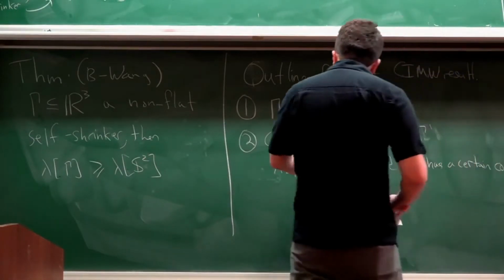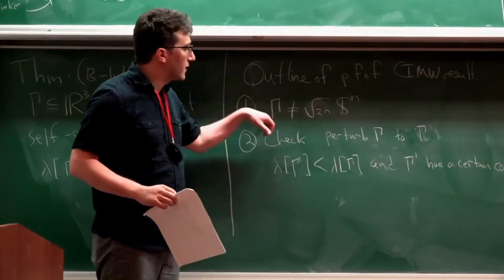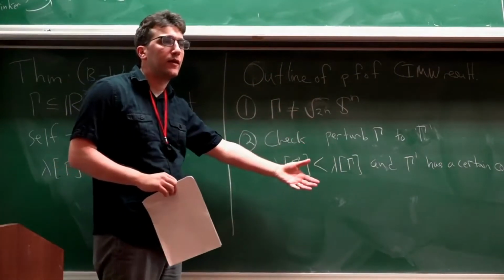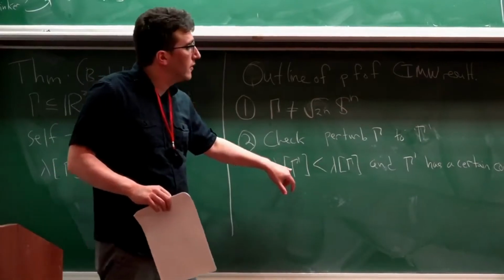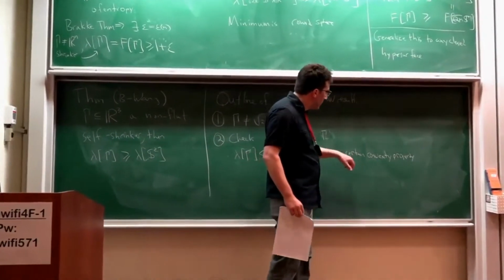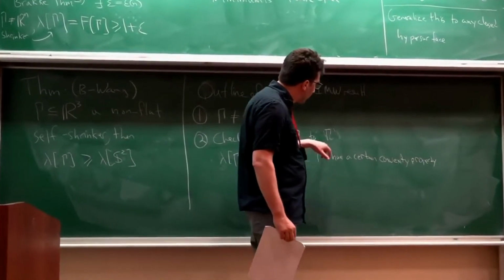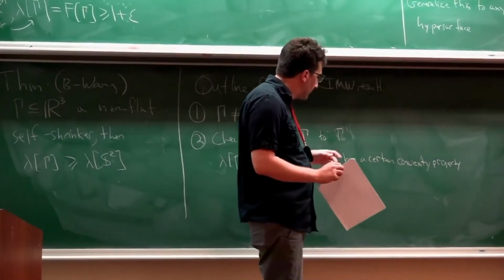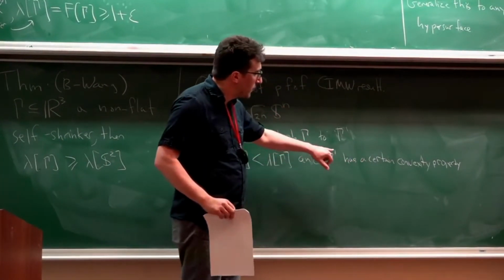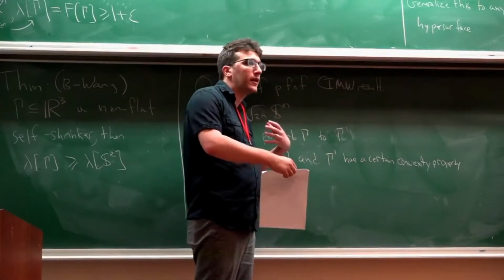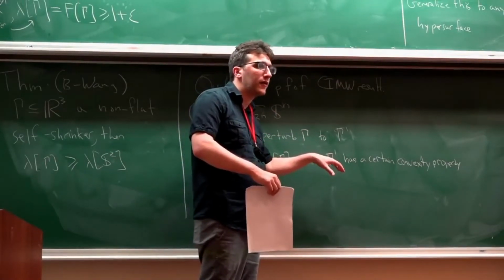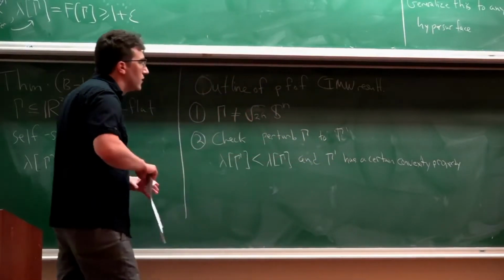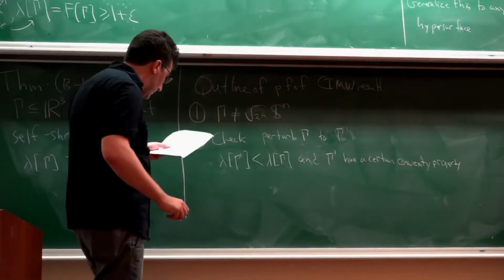The fact that you can decrease the entropy just has to do with the fact that gamma not being a sphere means it's entropy unstable. That's not hard to see. This convexity property will also be fairly easy. It's something like mean convexity, but not exactly the same. We'll see it when I get to this step.